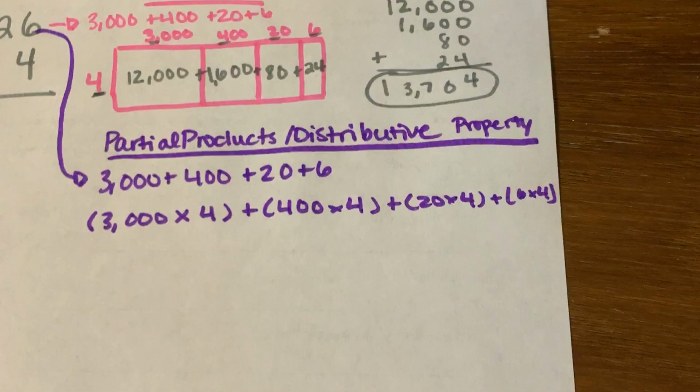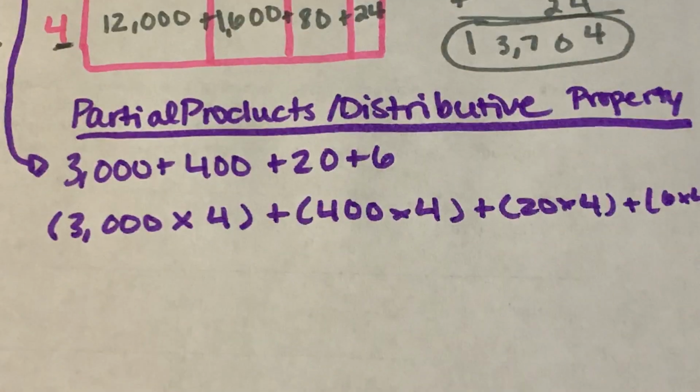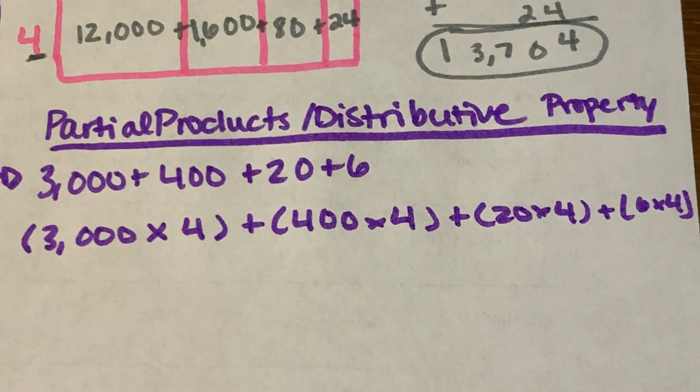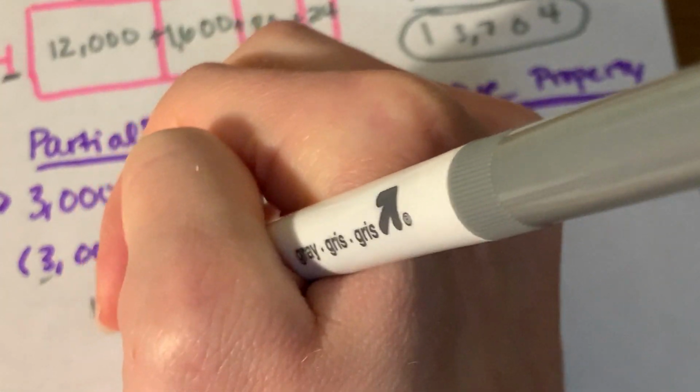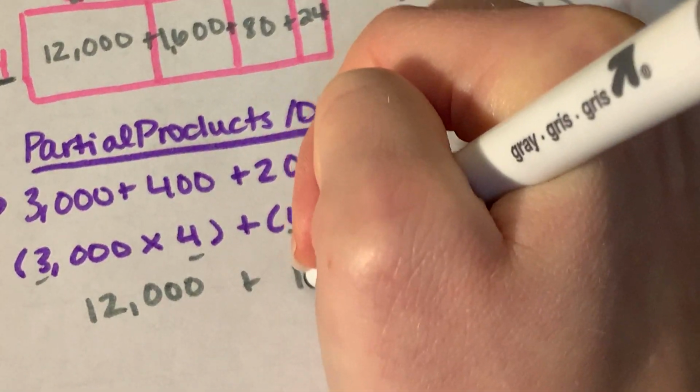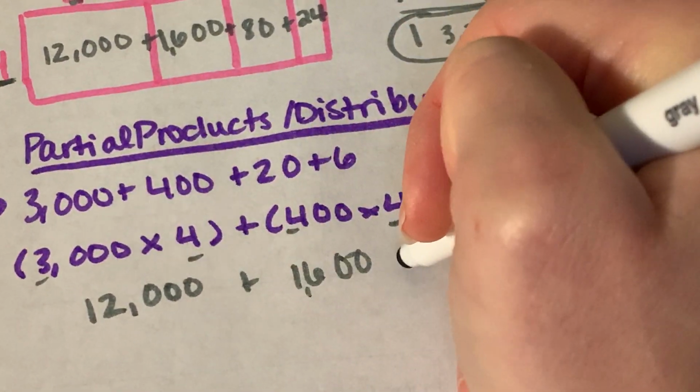Okay? Zoom in a little bit. So now I'm just solving each step. And I've got 3 times 4 gives me 12. Tack on 3 zeros. Plus 4 times 4 gives me 16. Tack on 2 zeros.